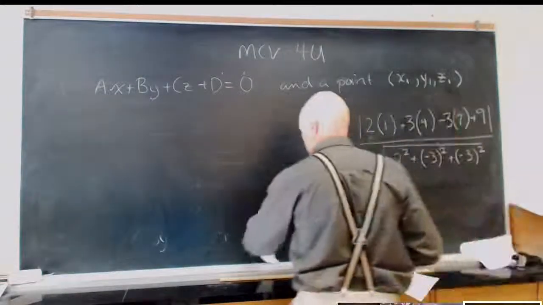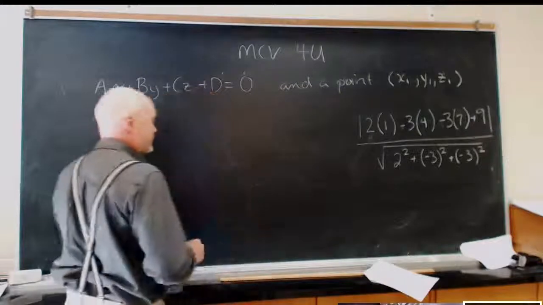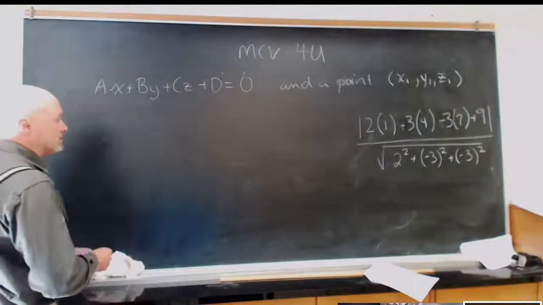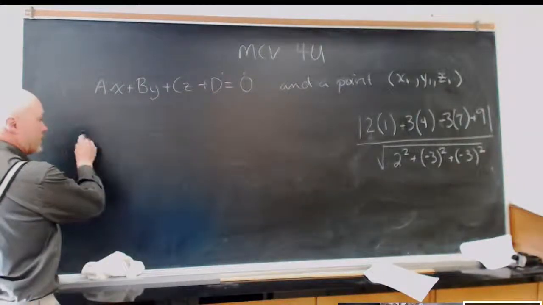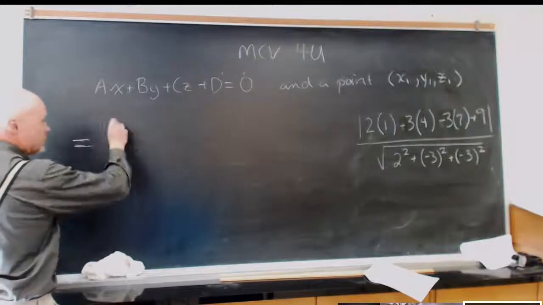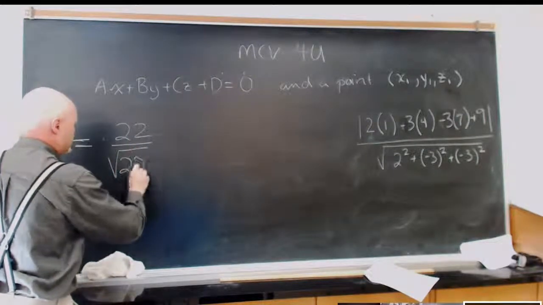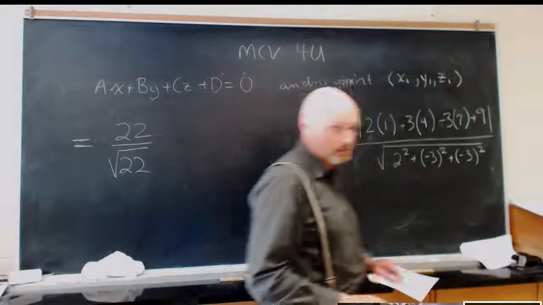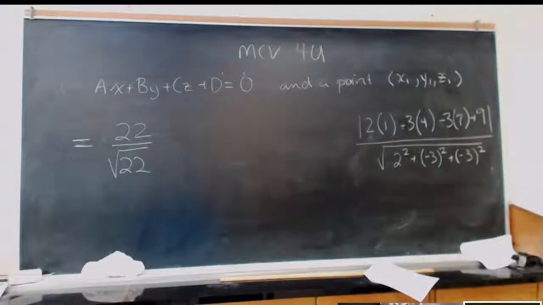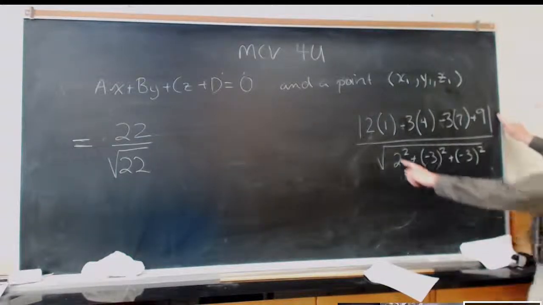So I think, according to my calculations anyway, that's going to all be equal to 22 over the square root of 22. On the top? Yeah, okay, because you have -12 and -21, and you have a 9 there too.